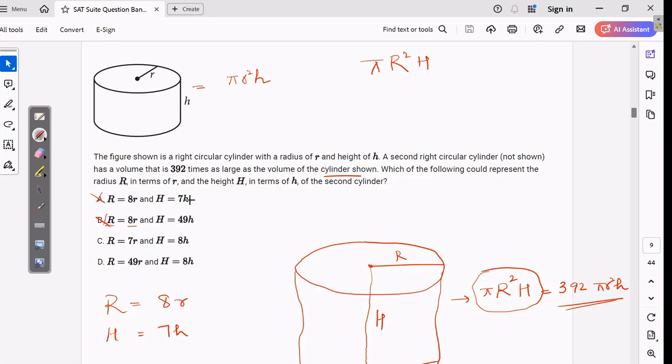I think that gives me my answer. Yes. So that means this is correct: if the radius of the bigger cylinder is 7 times the radius of the smaller one, and the height of the bigger cylinder is 8 times the height of the smaller cylinder, then the volume will be 392 times the volume of the smaller cylinder. Okay.